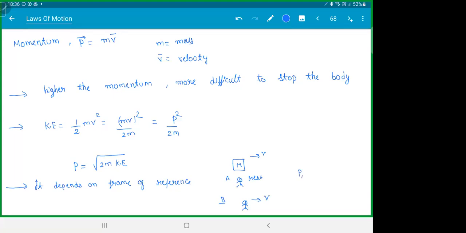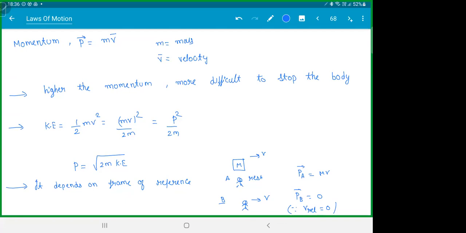If you ask A what is the momentum, he will say m into v. If you ask B what is momentum, he will say 0. Depending on who is seeing the block, they'll give different answers about momentum. Since v relative is 0, B will think the block is not moving. So momentum depends on the frame of reference.